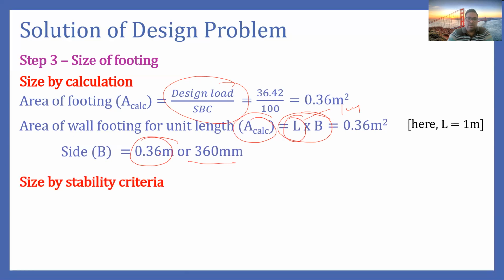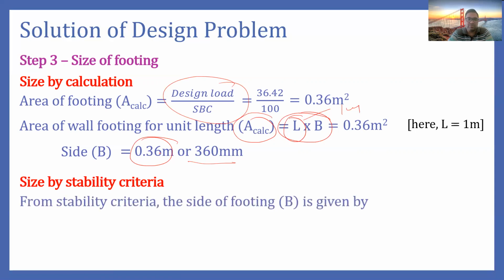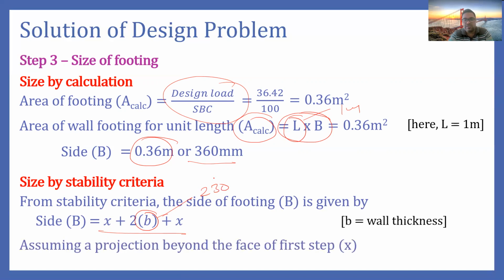This is how we calculate size by calculation. Now we will see how to calculate size by stability criteria. Here also the width of footing will be given by the relation x plus 2b plus x. Here b is the thickness of wall, which is 230, and first we have to adopt or assume the value of x.